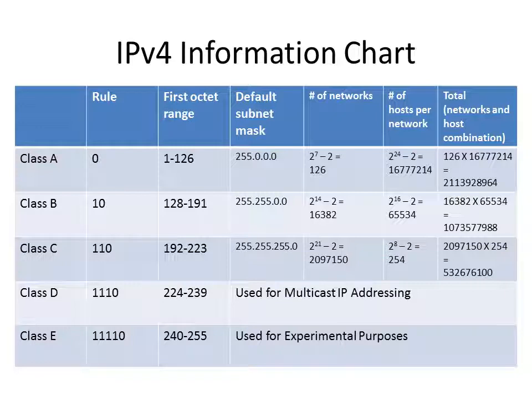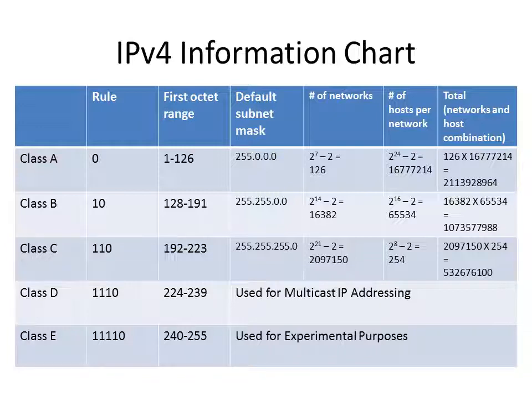So let's begin with Class A. For Class A, the rule says in the first octet, the 8th bit has to have a value of 0, and you get the first octet range from 1 to 126. The reason it doesn't start from 0 is that we have a rule that specifically states that network IDs or host portions cannot be all zeros or all ones.